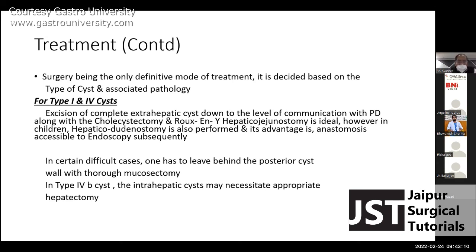However, in children, hepaticoduodenostomy is usually performed, and an advantage of hepaticoduodenostomy is that the anastomosis is accessible to endoscopy subsequently. In certain difficult cases, one has to leave behind the posterior cyst wall with thorough mucosectomy of the left-behind cyst. In type 4B cyst, the intrahepatic cyst may necessitate appropriate hepatectomy.